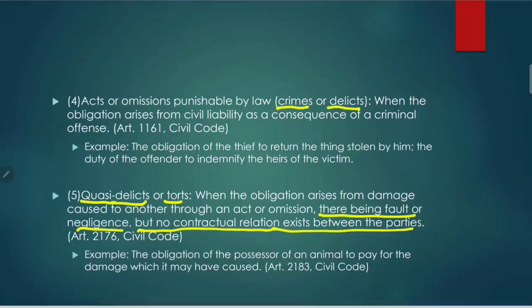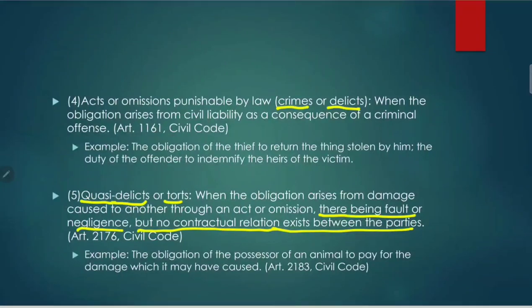So, halimbawa daw po yung animal na pag-aari ni A ay nakadamage ng property ni B. Wala silang previous contractual relation. Hindi rin naman sinadya na ipasira dun sa animal yung property ni B. So, masasabi natin na it was not intentional.